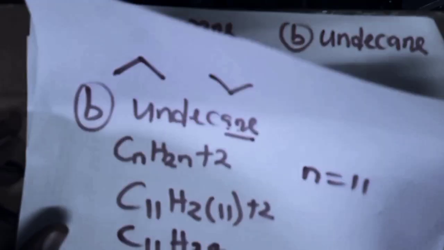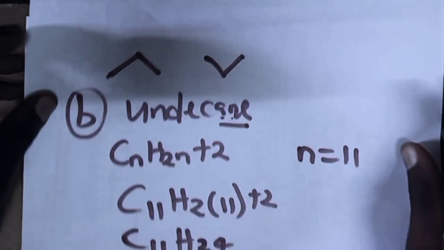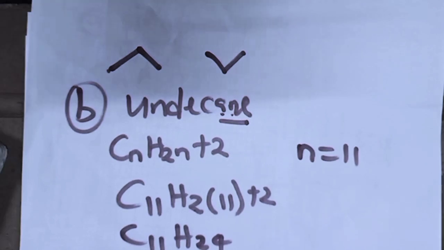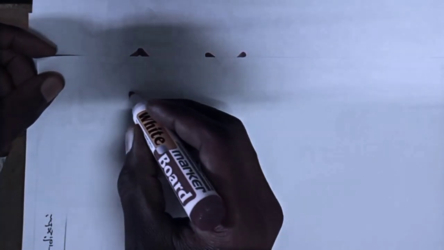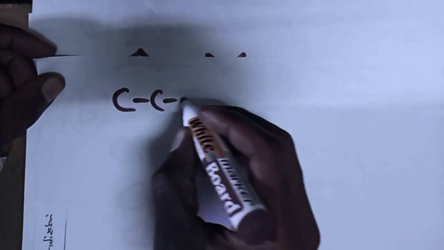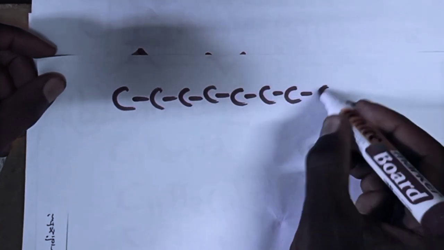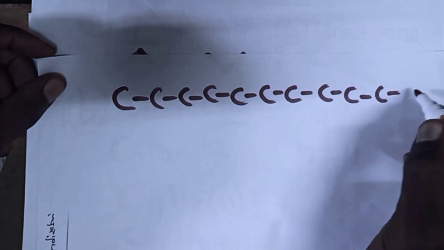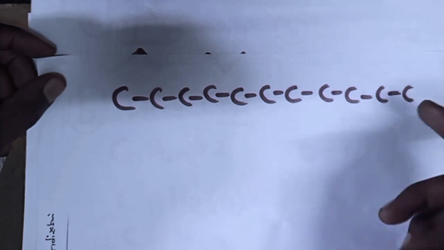What is next now? The next thing we'll do here is to come up with the structure formula. Okay, so how will the structure formula be for this? It will be C up to 11: 1, 2, 3, 4, 5, 6, 7, 8, 9, 10, 11.